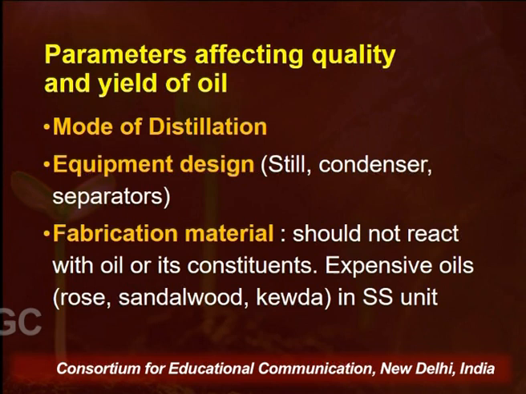Second is the design of the equipment. What is the dimension of the still? What is the location of the condenser? Whether the level of the condenser is lower in comparison to the distillation still, or above the distillation still.